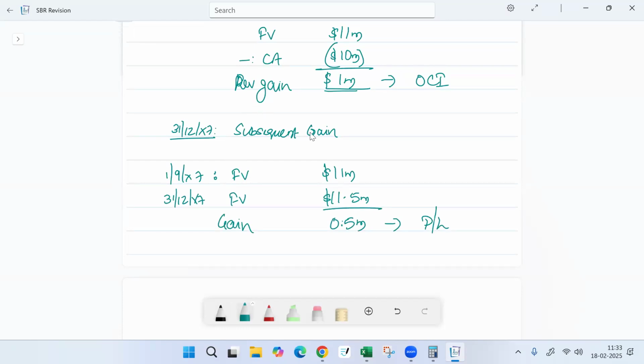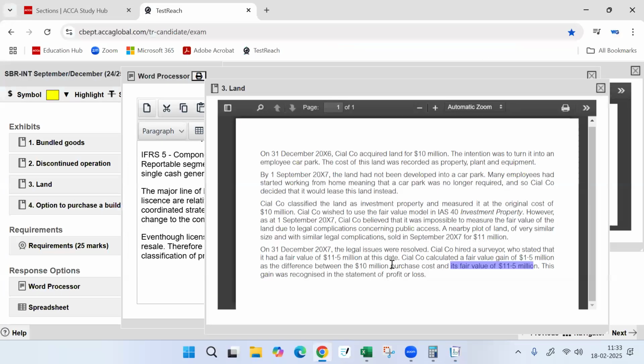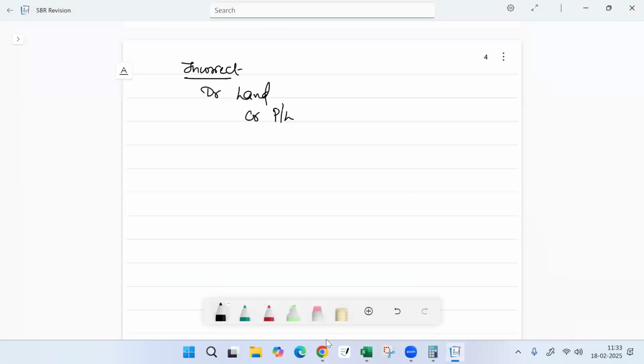Right? So what was the incorrect treatment that was made? The incorrect entry that was posted was debit land, credit P&L of how much? 1.5 million, isn't it? That is wrong, correct? What is the correct treatment?